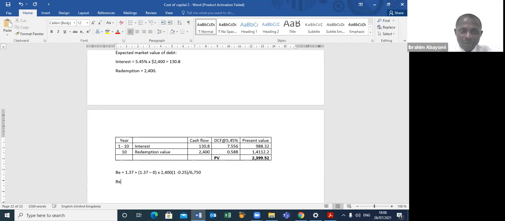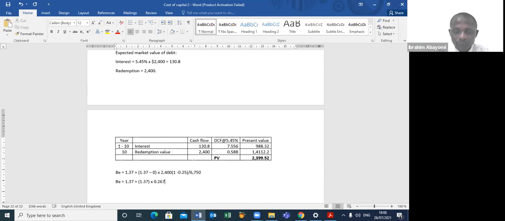So our beta of equity will be equal to 1.37 plus 1.37 times 2,400 times 0.75, which gives me 1,800, all over 6,750. That will give me 0.267.